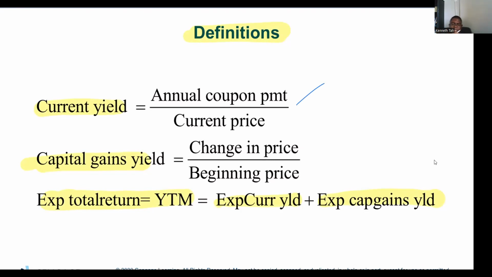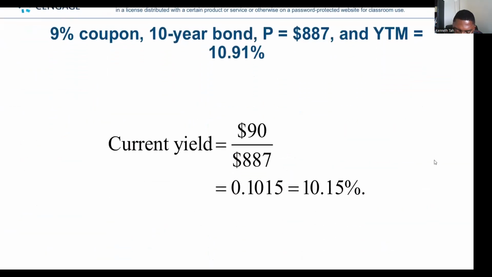And capital gain is basically the change in price, how the bonds have changed in price. So it might be price right now minus past price, divided by past price. So change in price divided by beginning price.